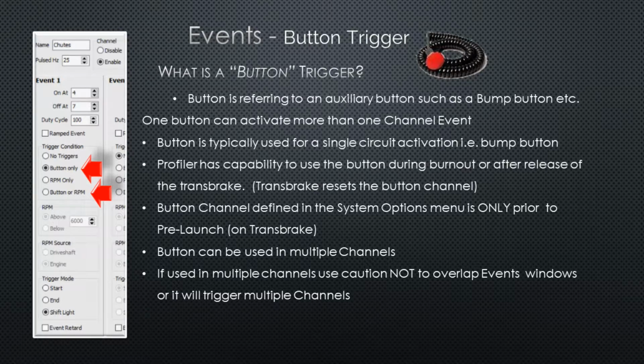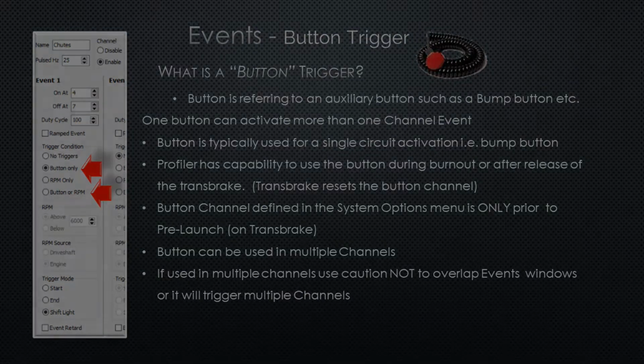But now we've got the capability to use that same button before or during other parts of the run, or even prior to the run. As a side note, the button channel that's defined in the System Options menu is only prior to pre-launch. We'll talk about that in a couple of minutes along with the last 2 bullets that are on this slide.